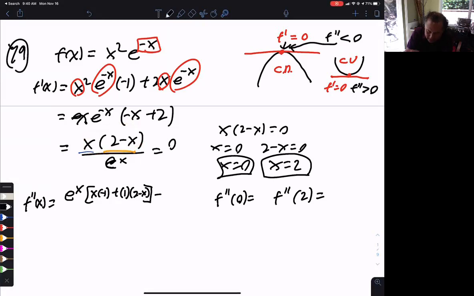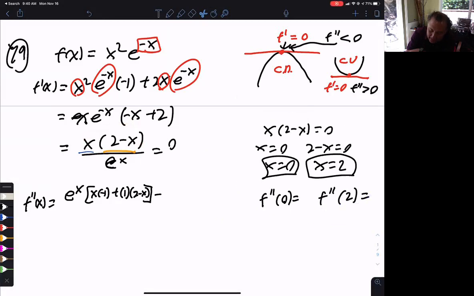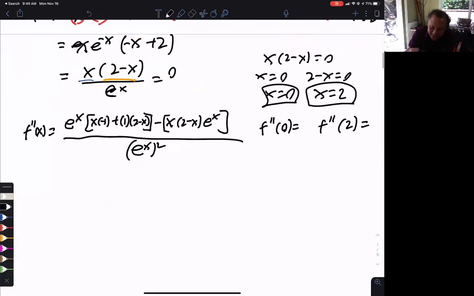minus high, which is x times 2 minus x, d low, all over low squared. Woo! This is ugly.